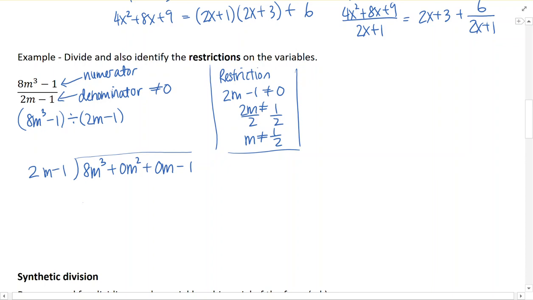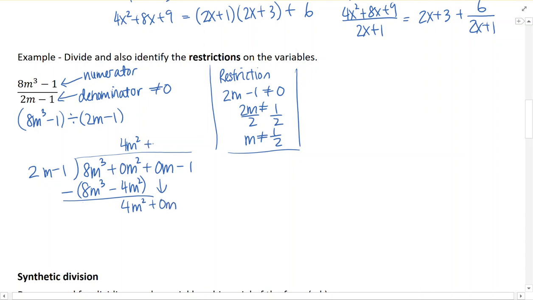So looking at our first two terms, 2m needs to multiply what to get 8m cubed? Well, that's 4m squared. Multiply it in, 8m cubed minus 4m squared. Now remember, we are subtracting this. If you're subtracting a negative, that becomes a plus, so that's 4m squared. Bring down the 0, plus 0m.